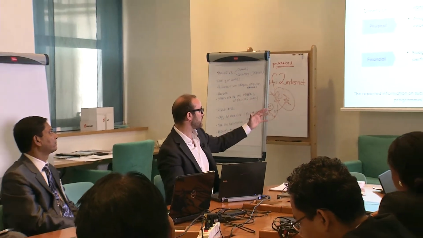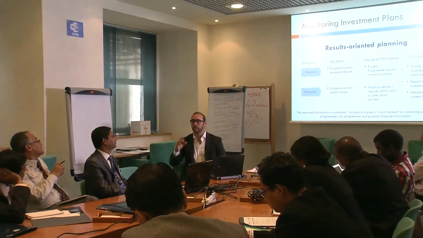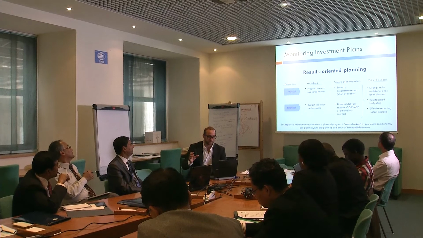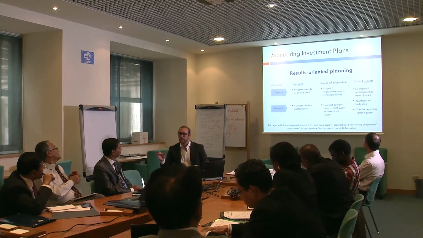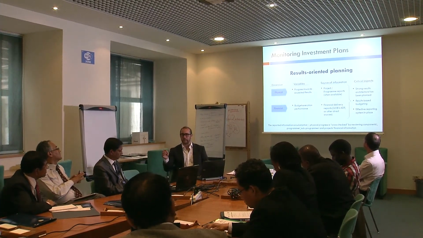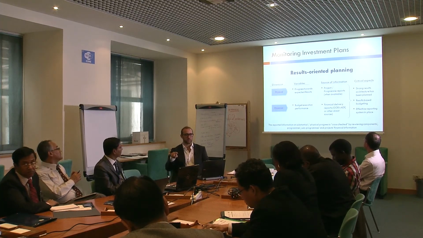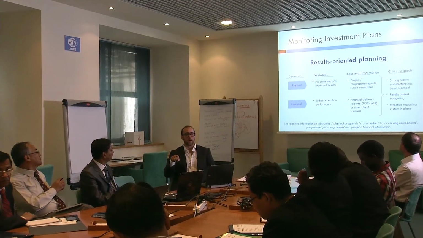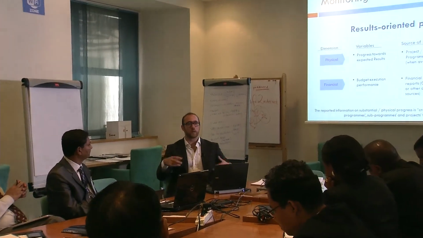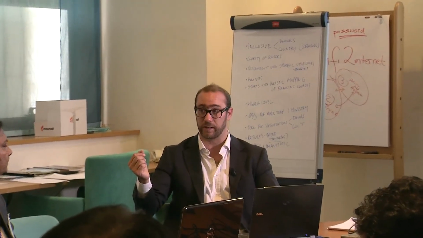Now, the center of monitoring. We know that we want to monitor the physical or substantial results, which are the progress towards expected results. It means we want to see, in the example of the environment that we had before, or the example of the training that I was giving before, how many people are trained, how many people are using the skills and knowledge that they get.